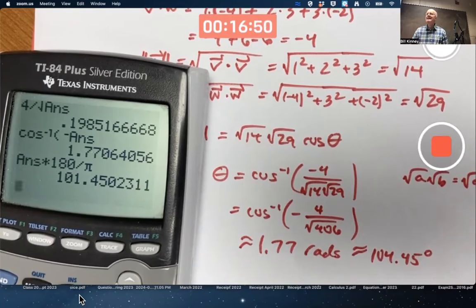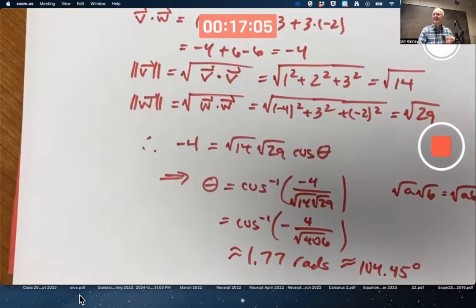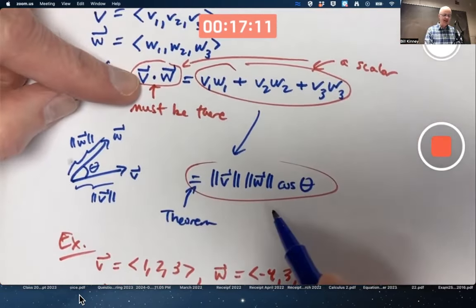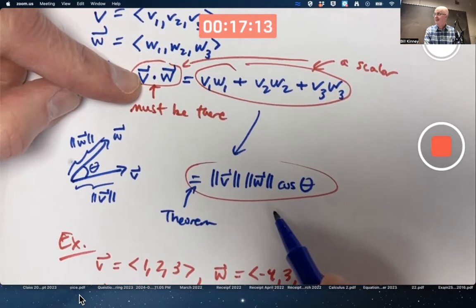Since we could apply these ideas in even higher dimensions that we can't visualize, 4, 5, 10, 100, Google dimensions, you actually can figure out angles between vectors in Google dimensional space. Effectively, if they can't be drawn, how could you possibly find them? Effectively, this equality defines what the angle is even at higher dimensions.